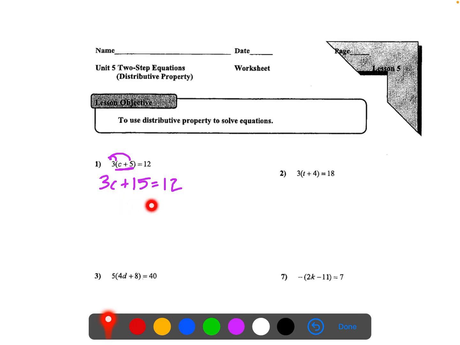This is a 2-step equation because we have 2 operations, addition and multiplication here. We do our 2 steps of doing the inverse operations and balancing it over here on this other side, on this running total that we have, and come up with what C equals. But if we go to what we just talked about with the hanger diagrams, what we did for an example like this is we just got rid of that 3 groups right off the start.